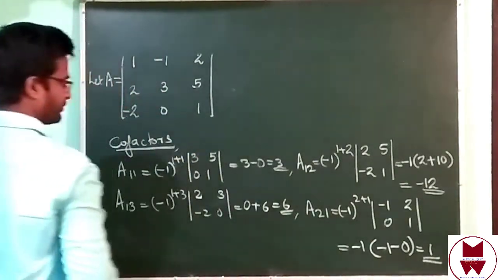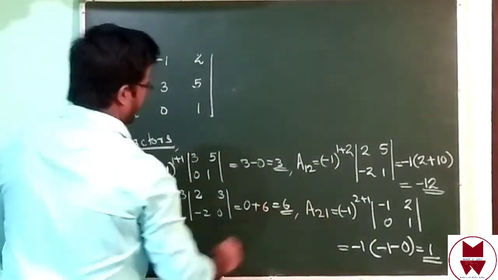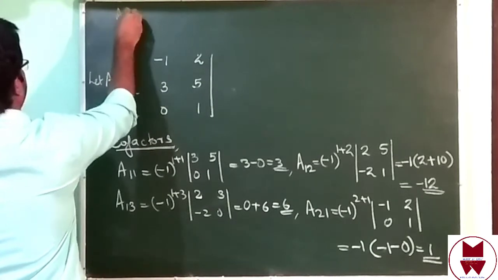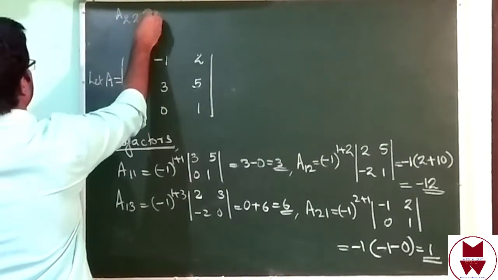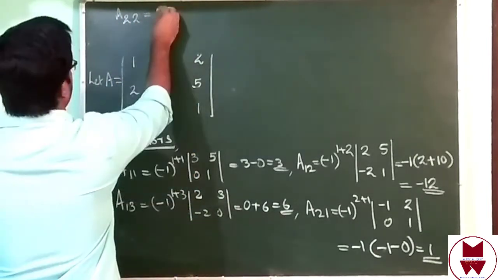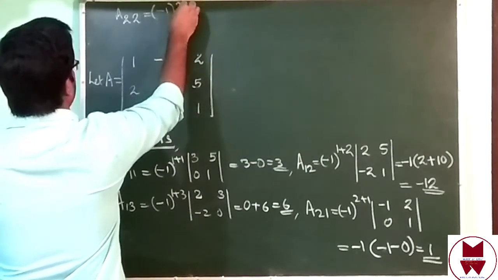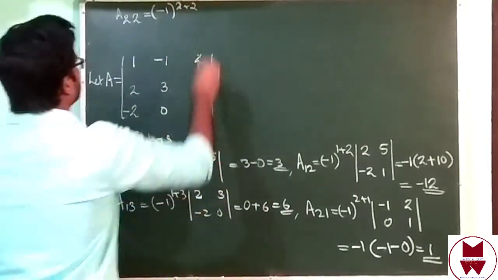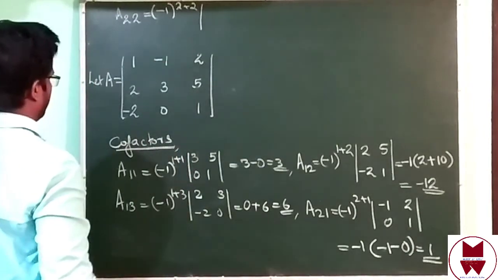Next, A21 got it. You can find out A22. A22 means minus 1 all raised to 2 plus 2, determinant.